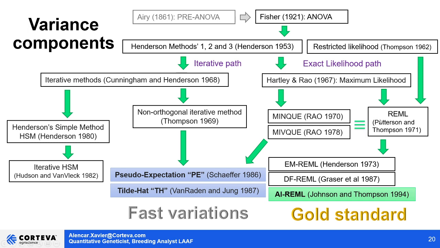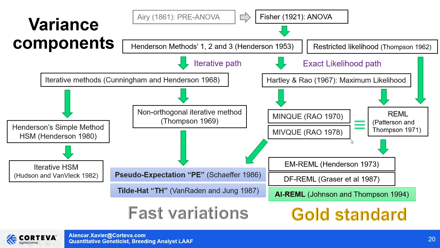Going back to the REML path, as this idea of likelihood and quadratic expectations evolved, there was part of the literature that branched out to MIVQUE and MINQUE frameworks. Those were largely the contributions of Rao.